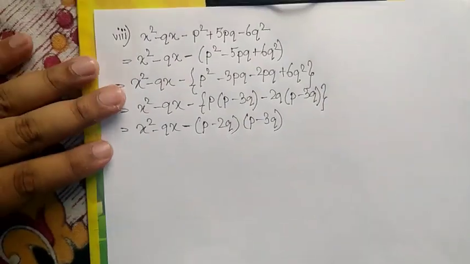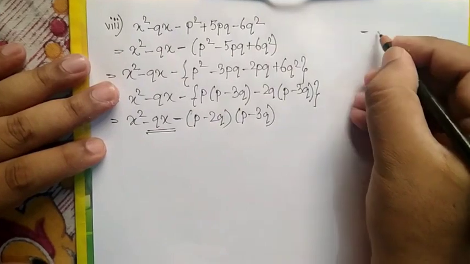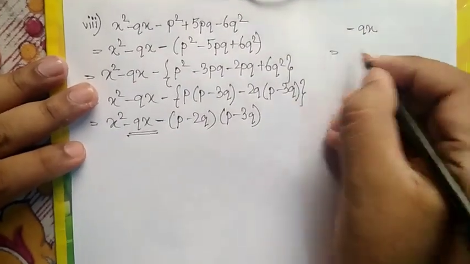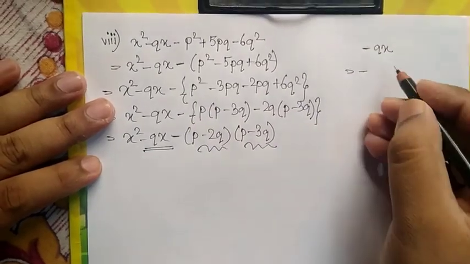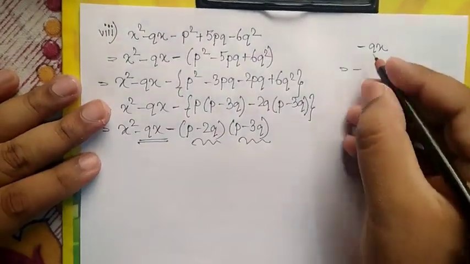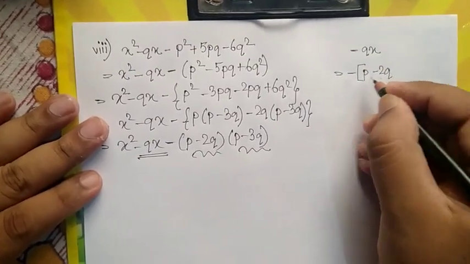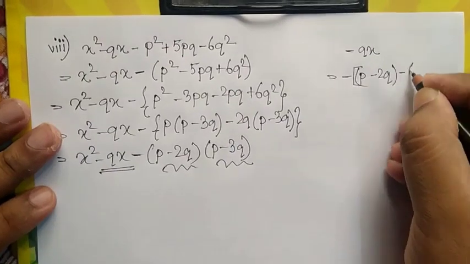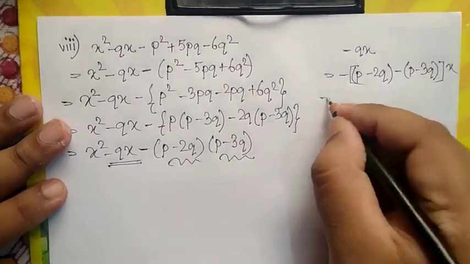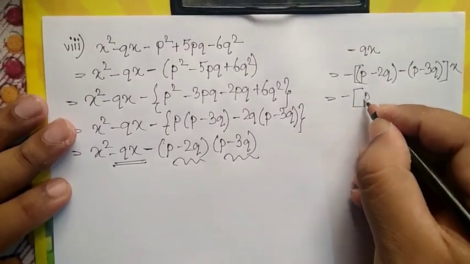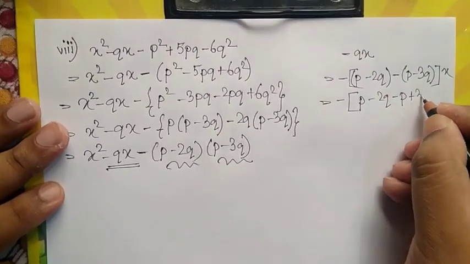Now this is the middle term, minus qx. We have to write these two factors here. How can we get this? p minus 2q minus p minus 3q, that is p minus 2q minus p plus 3q.